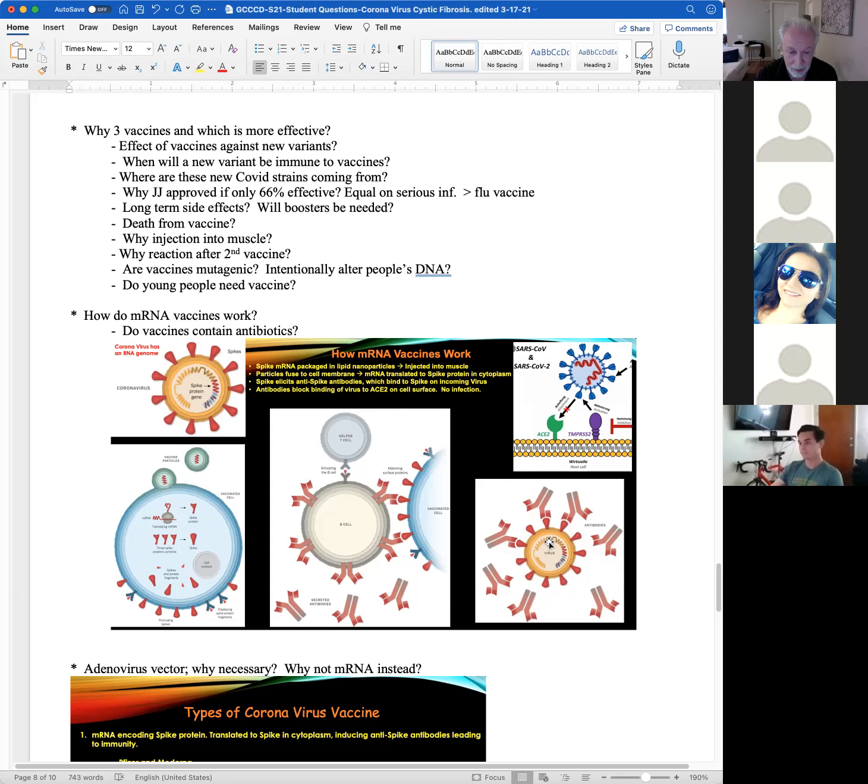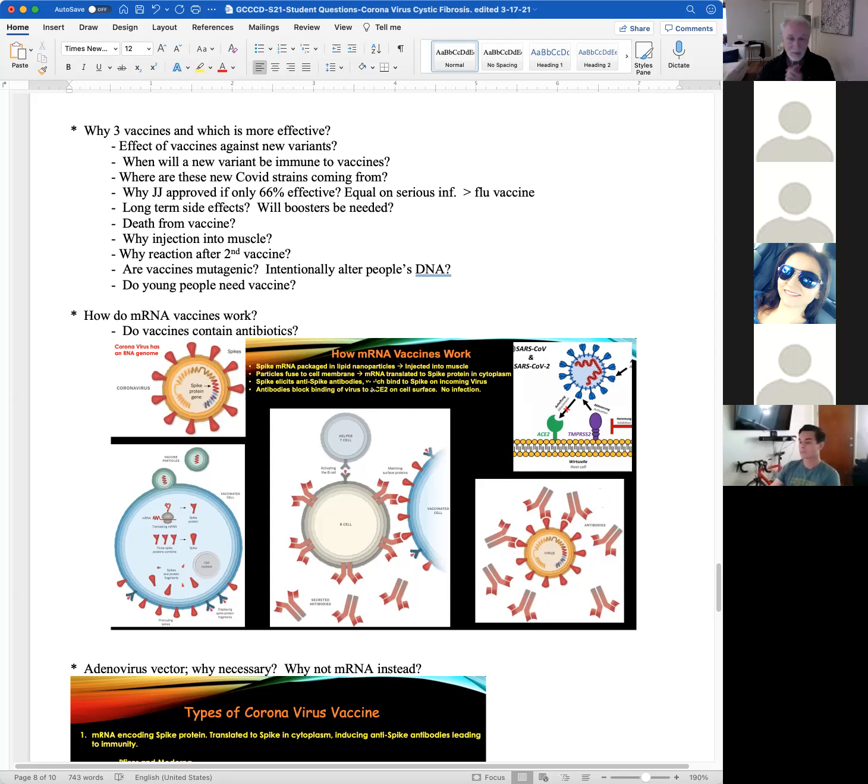But now we've got antibodies that are binding to the surface. So this interaction is blocked. If there are antibodies sitting on the spike protein, it can't bind to the receptor, and there's no infection. So that's how mRNA vaccines work. Is that clear to everyone?